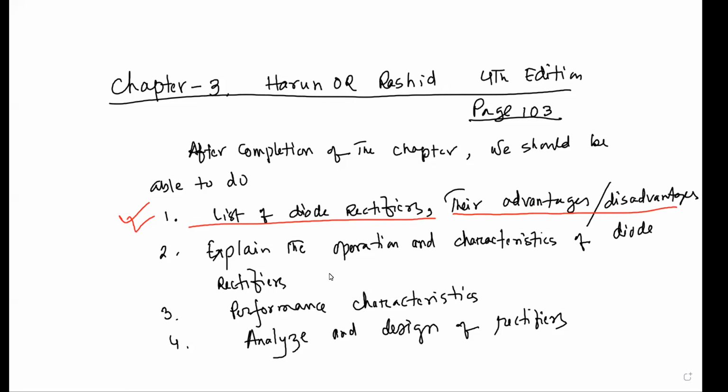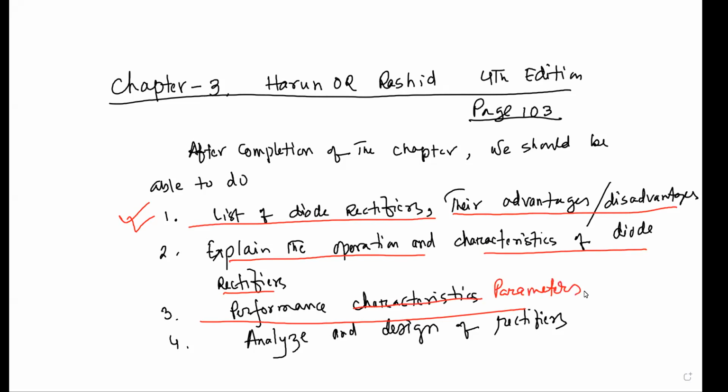We'll be able to explain the operation and characteristics of the diode rectifier, and find out the performance parameters of the diode rectifiers, and then we will be able to analyze and design the rectifiers.